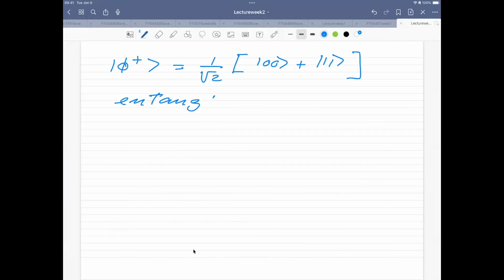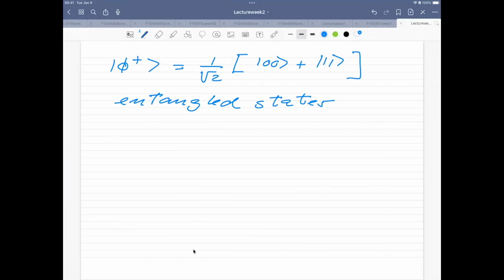And you can show that it cannot be written as a product of the basis states 0, 0, 0, 1, 1, 0, and 1, 1. Last year, we had an exercise on proving that this cannot be written as a product state of these states. If you're interested, I can bring that exercise back again. It's not difficult to show that.